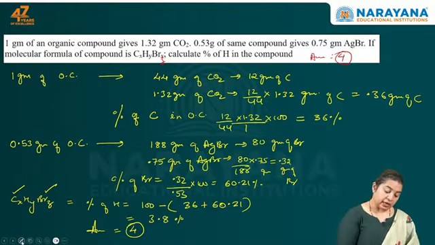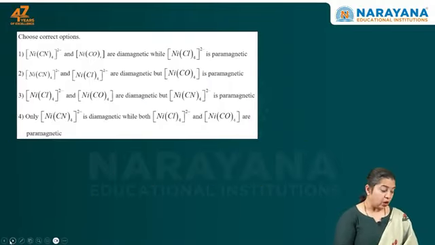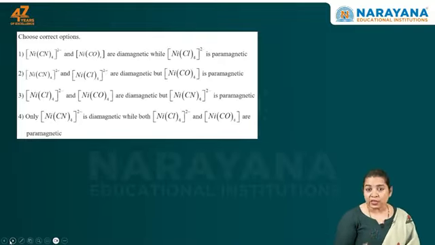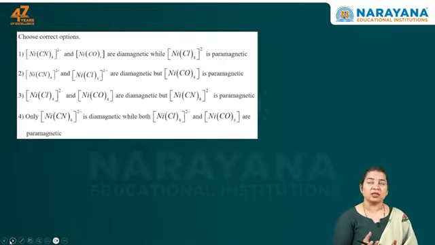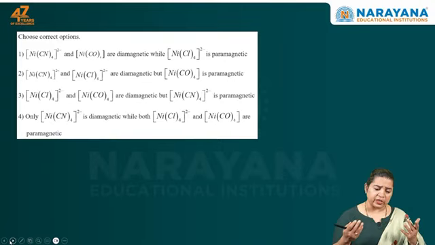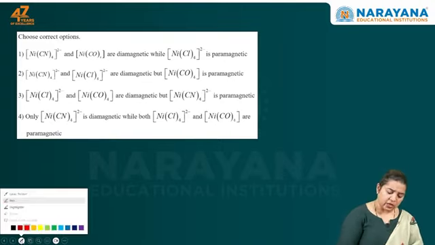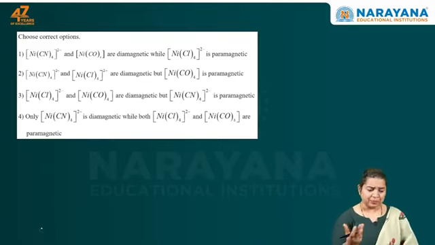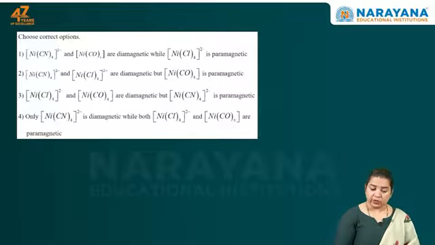Okay. Now, let us move to the next question. This question is a continuous repeat; out of 8 papers, it was in 6 papers, here and there with different languages. Coordination has been asked repeatedly. Choose the correct options.